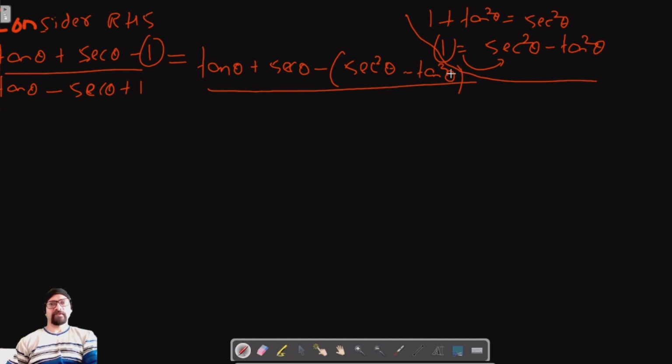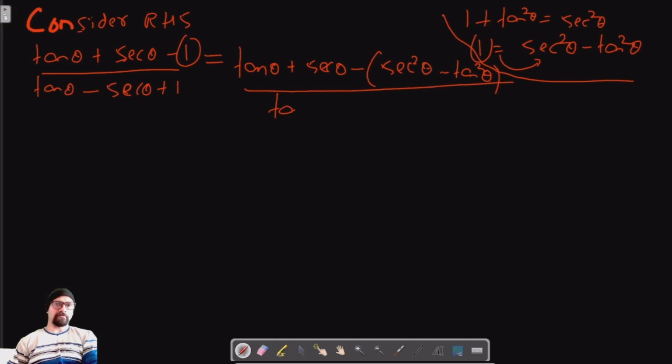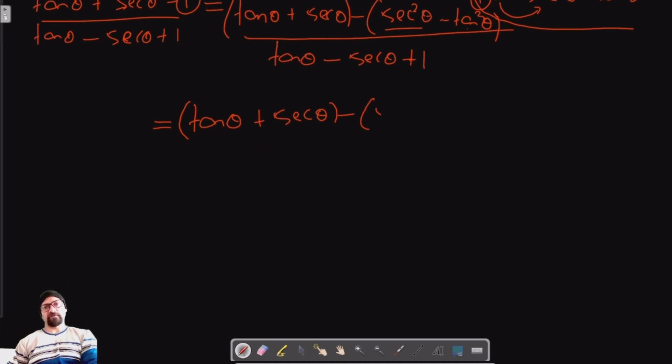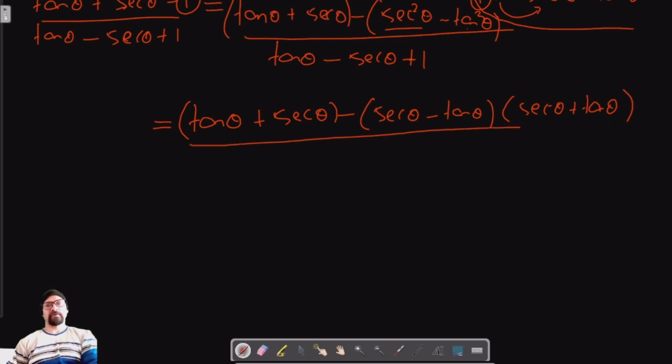And the denominator is tan theta minus secant theta plus 1. This is a squared minus b squared, which gives us a minus b into a plus b.